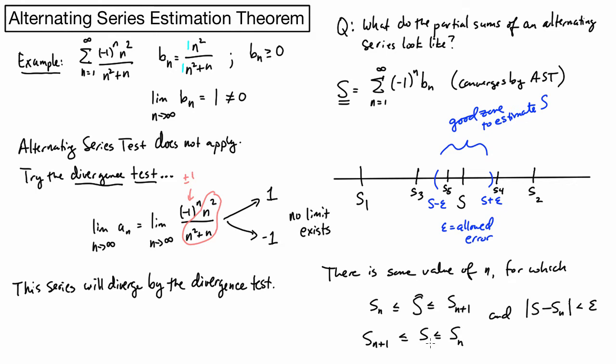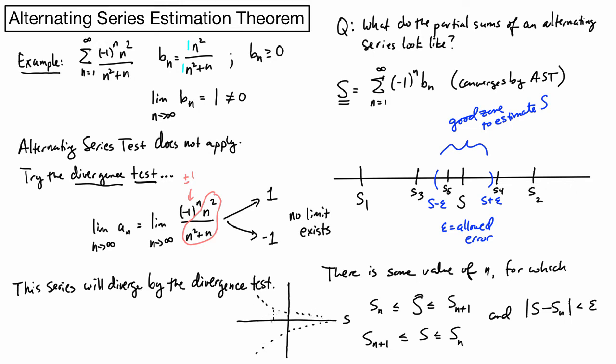I'm not converging to S strictly from above. I'm not converging to S strictly from below. The picture is kind of like this. Let's suppose that my sum S is right here. Then I'm converging to that sum from below, but I'm also converging from above every other term.